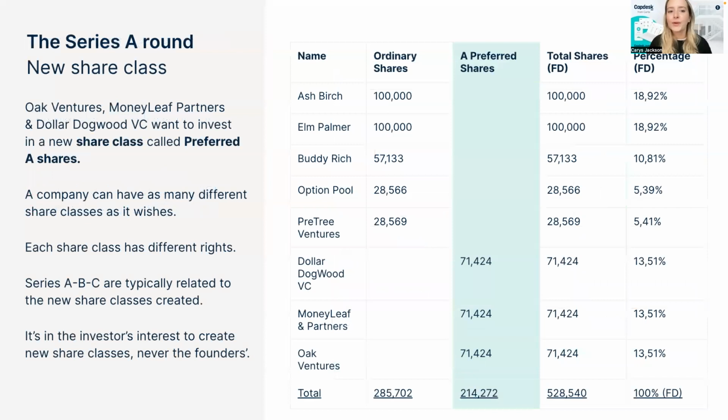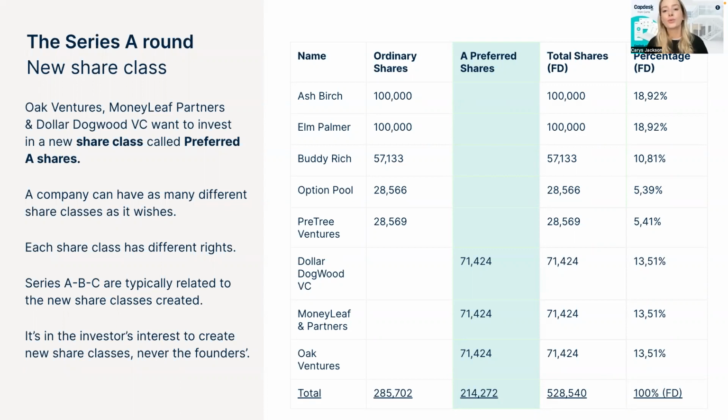Now, Oak Ventures, Moneyleaf Partners, and Dollar Dogwood want to invest into a new share class called Preferred A shares. Now, this is key because when you create a new share class, you give out a new type of right, which is typically to the VCs, and it means more power, higher access.